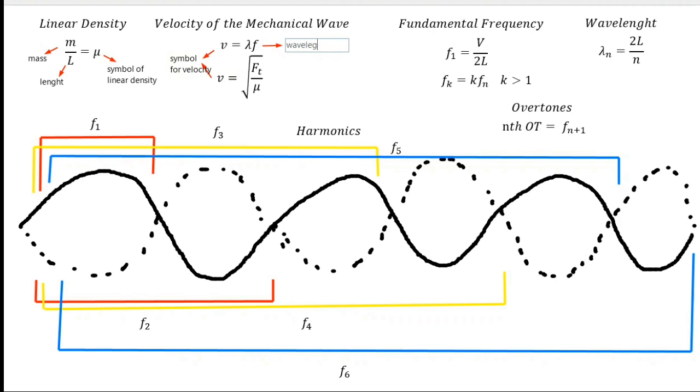So this is just wavelength times the frequency. This formula is very common, and we're going to use this a lot. On the bottom, we have the tension force and the linear density.